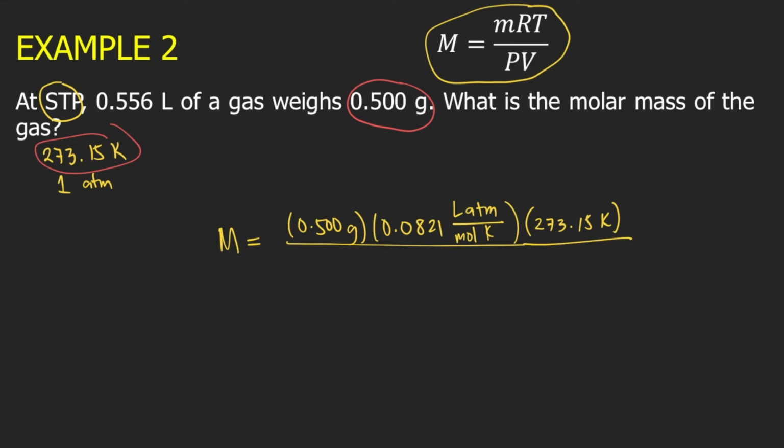Divided by the pressure, which is the standard pressure, 1 ATM, times the volume given in the problem, which is 0.556 liters. So again, ATM will cancel, liters will cancel, Kelvin will also cancel, so the unit of molar mass would be grams per mole.